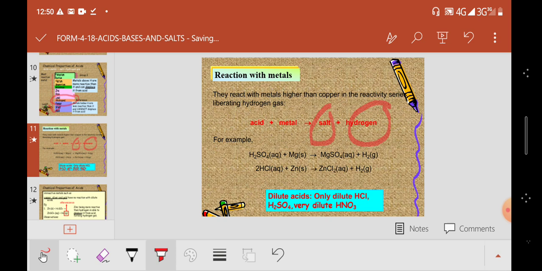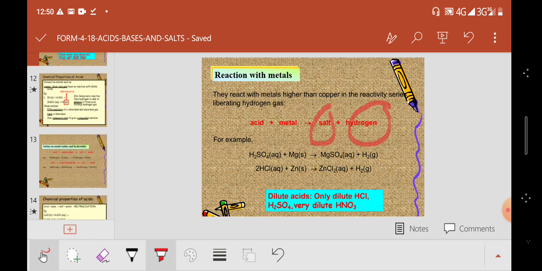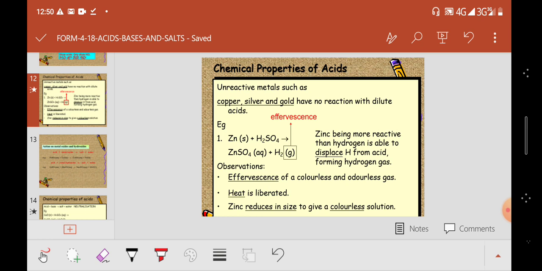Bubbling or effervescence, should you forget bubbling, you can say effervescence. Should you forget effervescence, you can say bubbling. But never say fizzing to mean production of bubbles, because fizzing means sound. Fizzing is a sound like the one that is produced when you have your soda.